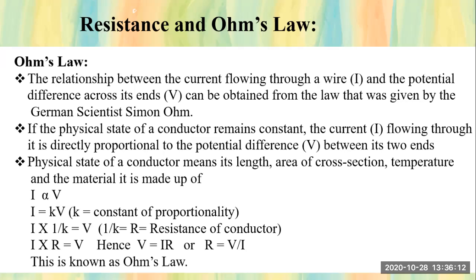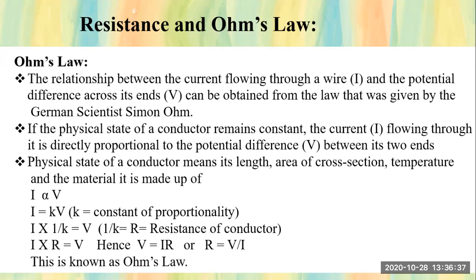Now when I take K from the right hand side to the left hand side, it will go to the denominator. So it will become I into 1 upon K equals V.